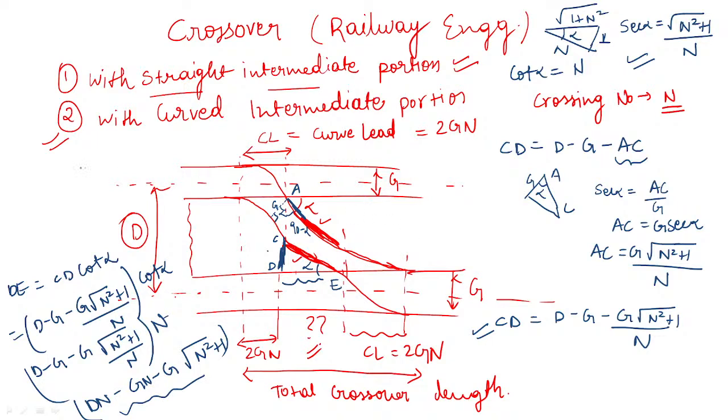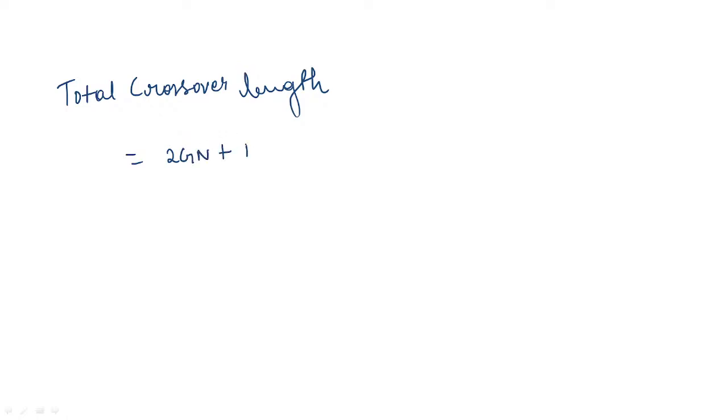What will be your total crossover length? Let me clear it. So the total crossover length will be equal to 2Gn plus D minus Gn minus G under root 1 plus n square, and that would be plus 2Gn.